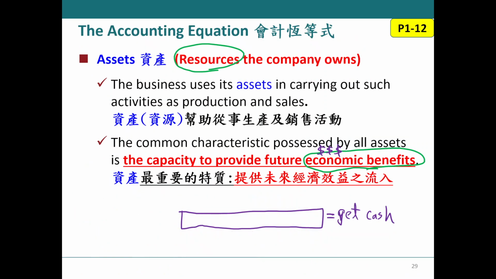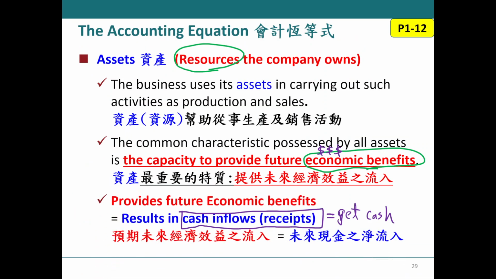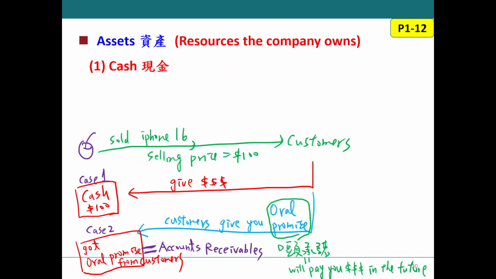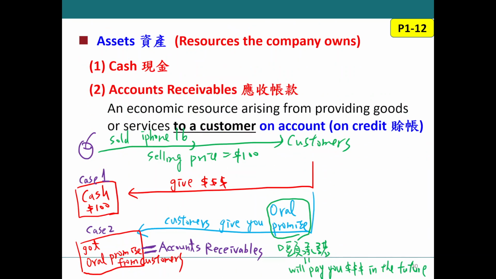Remind you again, definition. What is assets? Resources that will provide future economic benefit to your companies. Means what? They will make your company get the cash in the future. That's assets. Okay? Accounts receivables, 应收账款. Why? That's your assets. You got the oral promises.